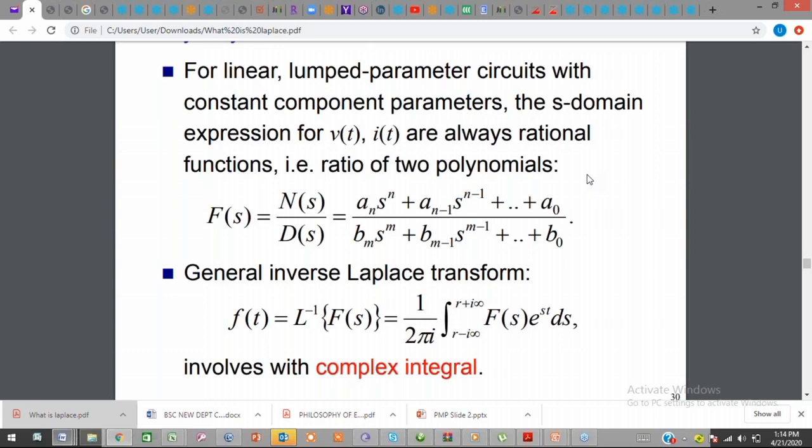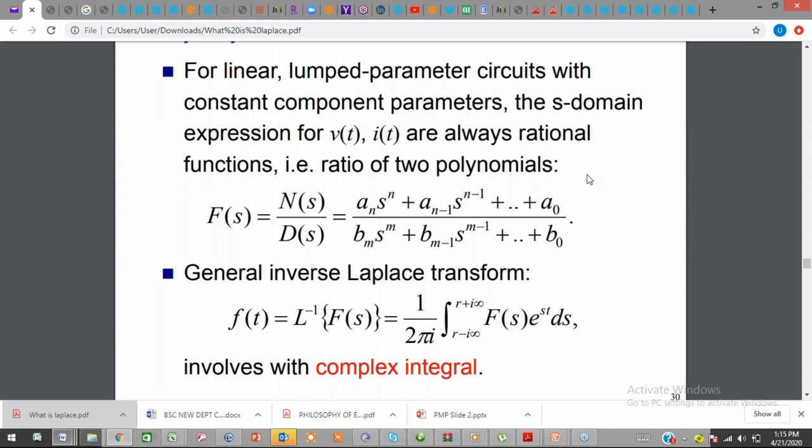F of s is equal to 96 multiplied by (s plus 5) and (s plus 12) all over s multiplied by (s plus 8) multiplied by (s plus 6), and this gives us k1 all over s plus k2 all over s plus 8 plus k3 all over s plus 6.